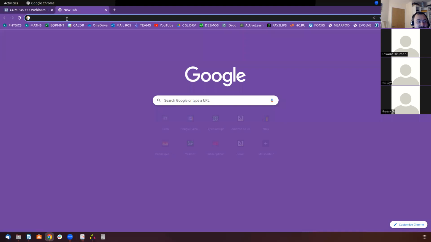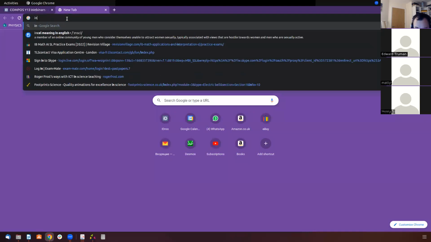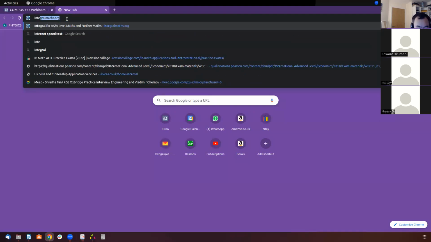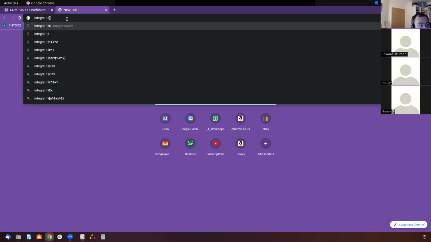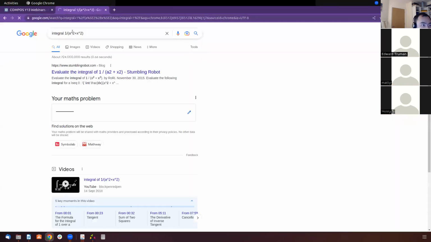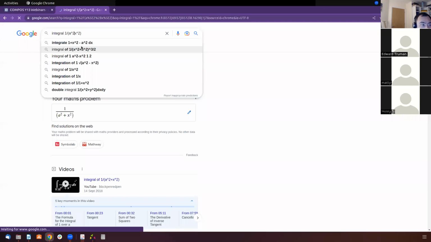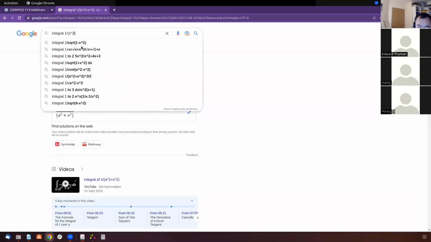And to integrate this, you need the integral of 1 over v squared minus a squared.